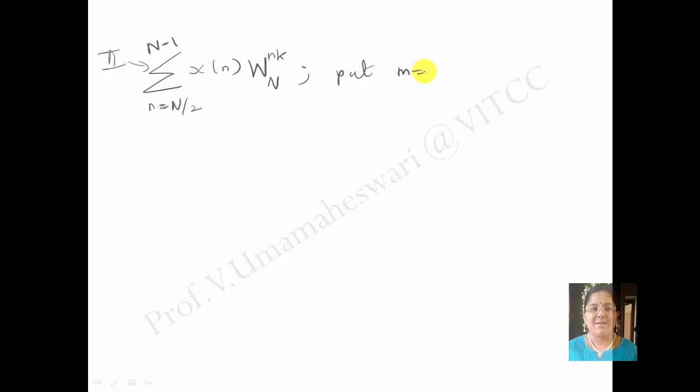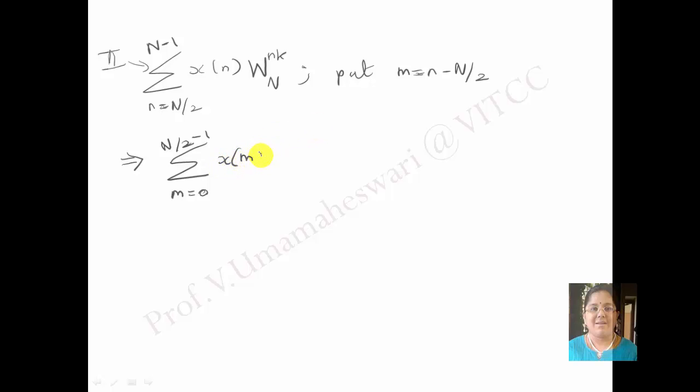Put m equals n minus N by 2. So we have to write everything in terms of m now. The summation limits will become m equals 0 to N by 2 minus 1. How? N minus 1 minus N by 2. Is that clear? So we have the limits. Now we have to write everything in terms of m.